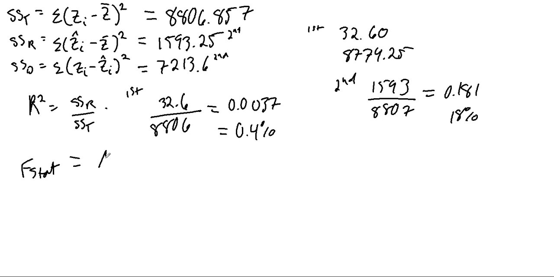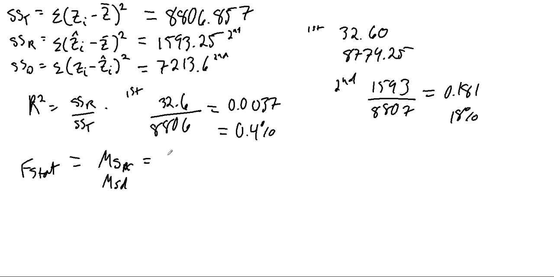So for my F stat, I have to worry about my MSR, and I have my MSD. So I'm going to calculate my MSR. Let's start with the first order.